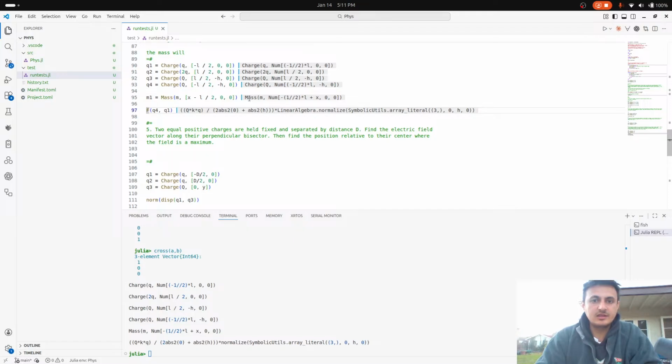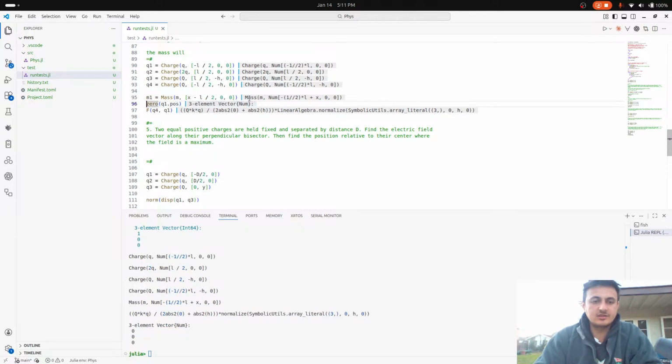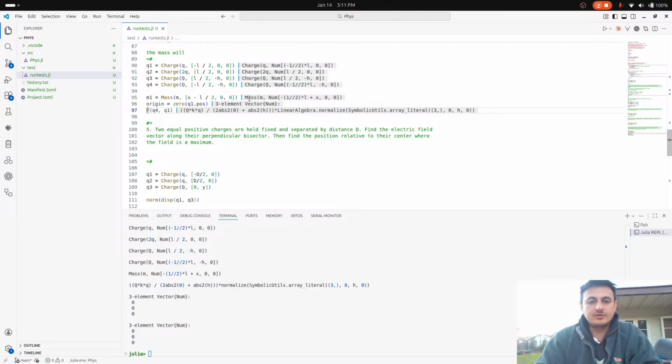Okay, and it's R cross F. But it's from the origin. So origin, Q1 dot pos, something like this. So now what we want to do is R, is it called displacement? From, to. So from the origin to the point of the force, right?